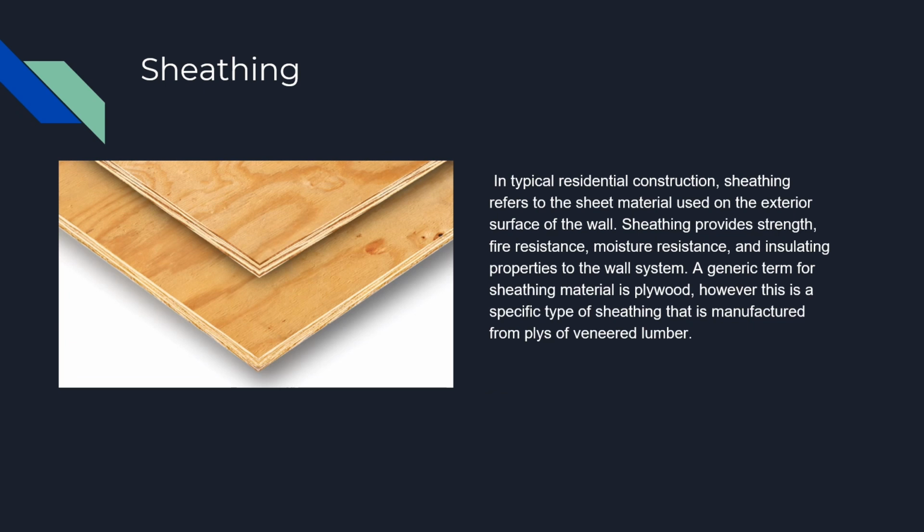In typical residential construction, sheathing refers to the sheet material used on the exterior surface of the wall. Sheathing provides strength, fire resistance, moisture resistance, and insulating properties to the wall system. A generic term for sheathing material is plywood. However, this is a specific type of sheathing that is manufactured from plies of veneered lumber.